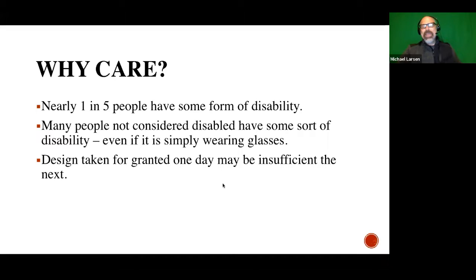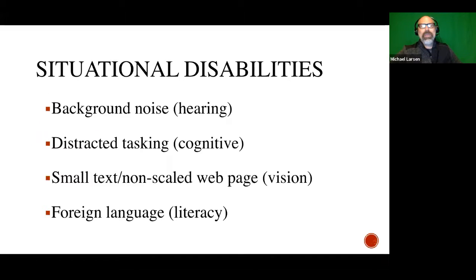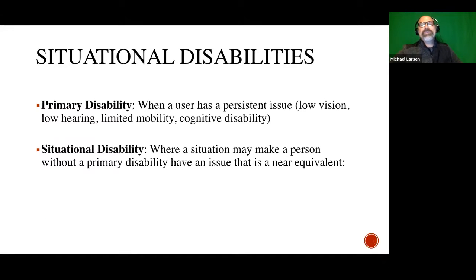And the last point with this that I want to go with is design taken for granted one day, as I said, may be insufficient the next. So there are two different types of disabilities that are worth discussing here. The first one is what we call primary disability. So my example here with a need to wear reading glasses, it's a primary disability in the sense that without them, I struggle to do something, and it's not going to go away.